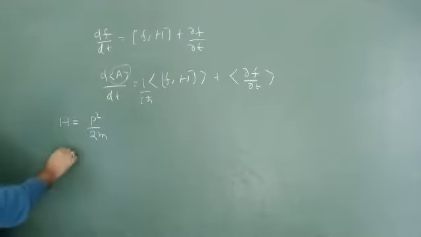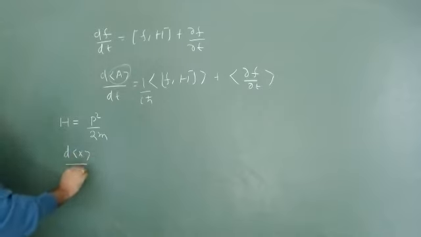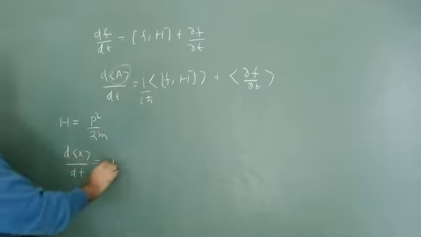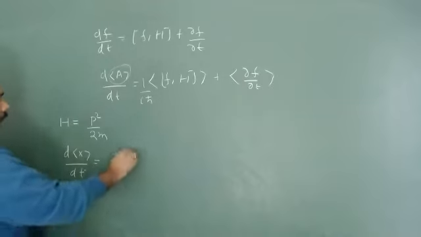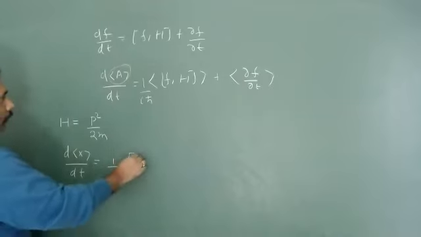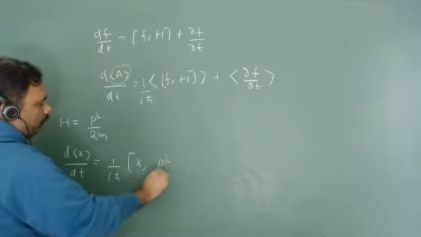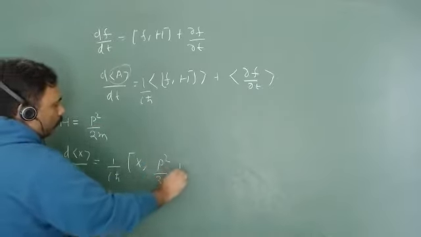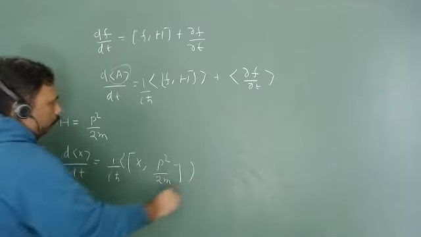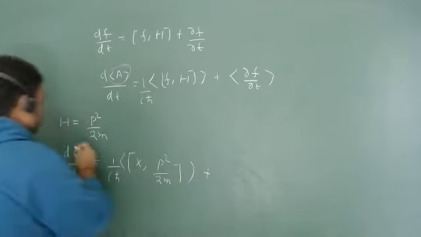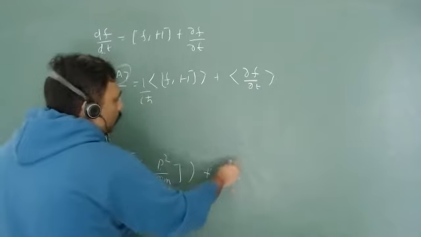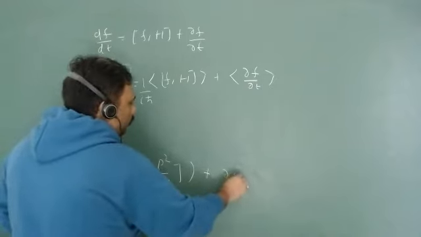And if I want to calculate dx upon dt, then what will happen? 1 upon iħ, I have to go for the commutator of x, and for the H we have p square upon 2m. And obviously this x is not a function of time right now, not an explicit function of time.